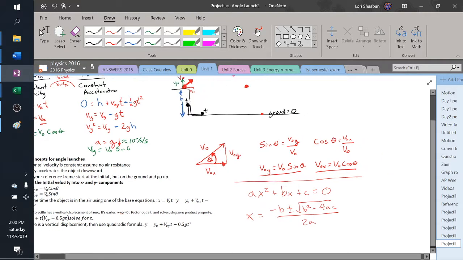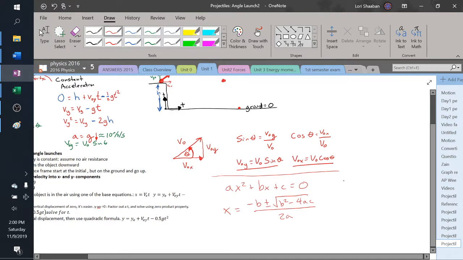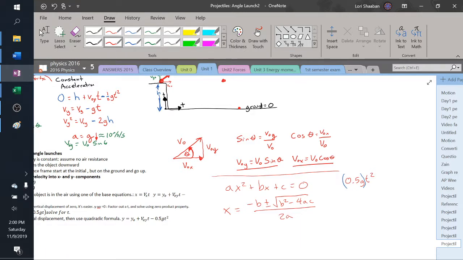Now, why would I even want to use it? Well, let's take a look at this equation. I'm going to set this equation equal to 0, and I'm going to throw everything onto the left side so I can make the a value positive here. What do I mean by a value? That looks like something times x squared, right? Except it's not an x, but that's okay.